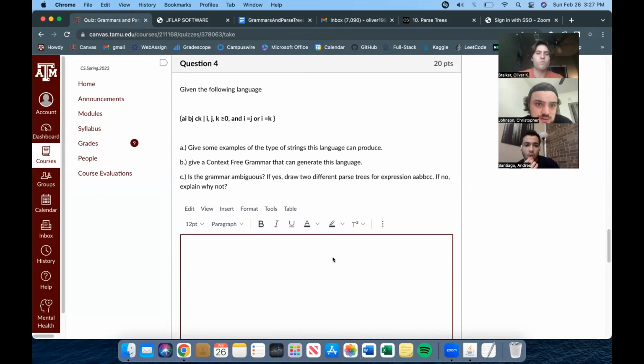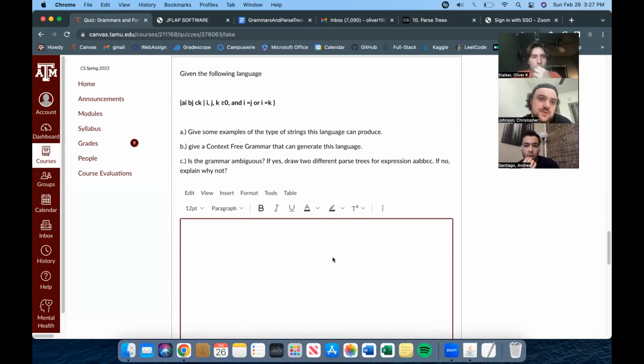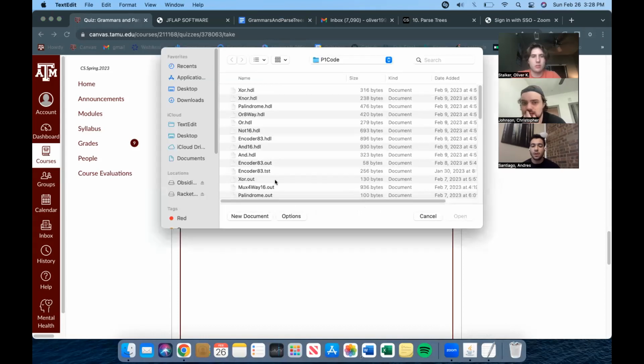So it looks like it's going to produce any string where A occurs the same amount of times as B or C. I guess text editor.